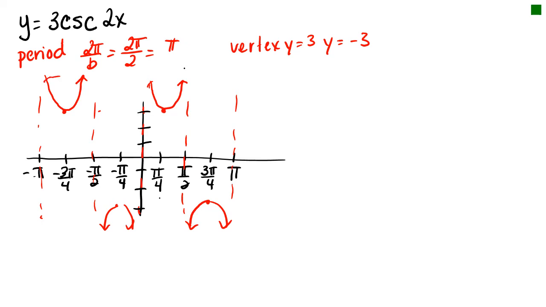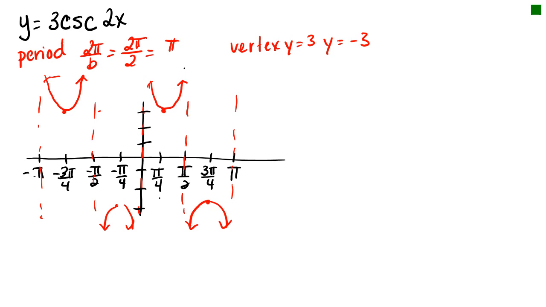So again, I started with an asymptote at 0 because sine starts at 0. So we have to do the reciprocal of that, which is an asymptote. And then sine went up, so my first vertex was up, and then I went from there. So again, picking the period, making sure you have the right vertex, after that, it should be pretty straightforward.